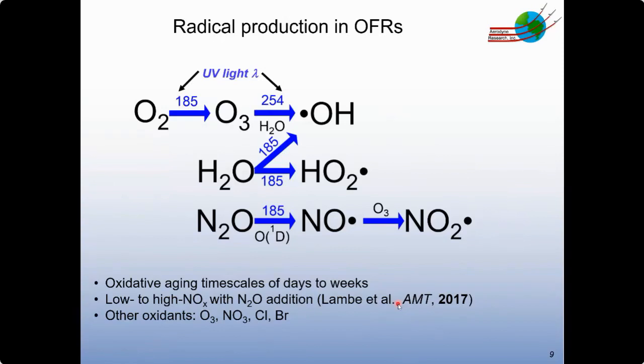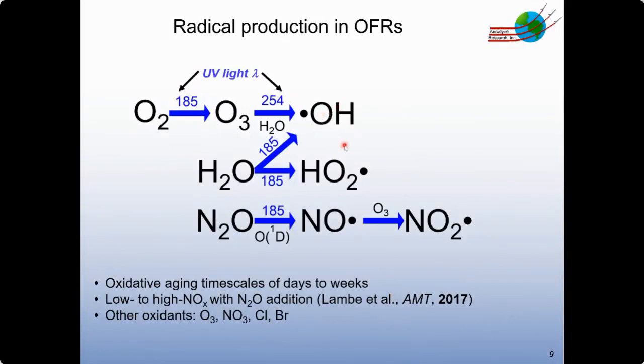How are oxidants generated in OFRs? They all vary slightly in terms of the details of how this is accomplished, but the main network of reactions used to generate hydroxyl radical, which is what OFRs are most commonly used for, is shown here.